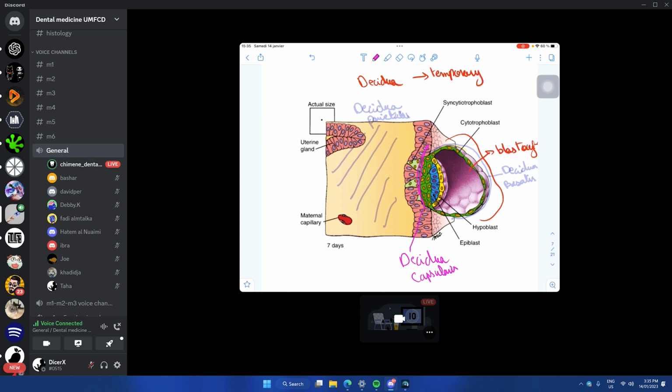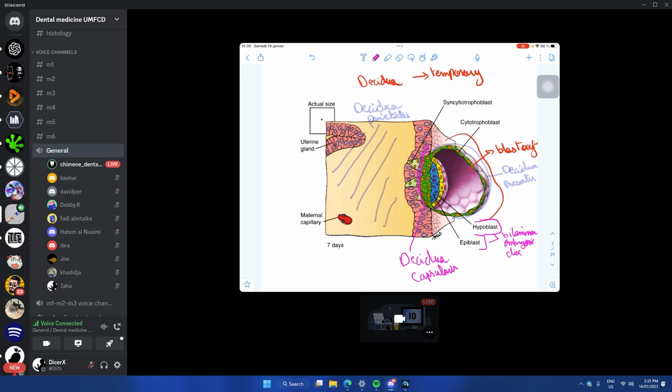In the first week, on day 7, the embryo has the morphology of a bilaminar embryonic disc. You have the hypoblast and the epiblast, which form the bilaminar embryonic disc, and this is right before the gastrulation.